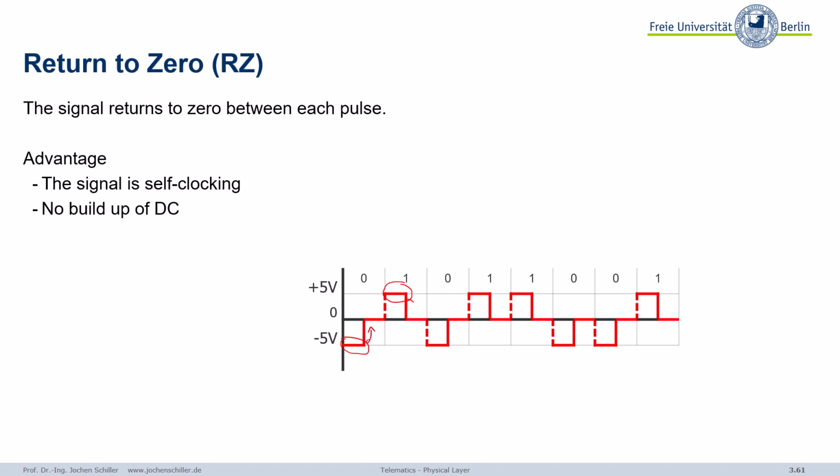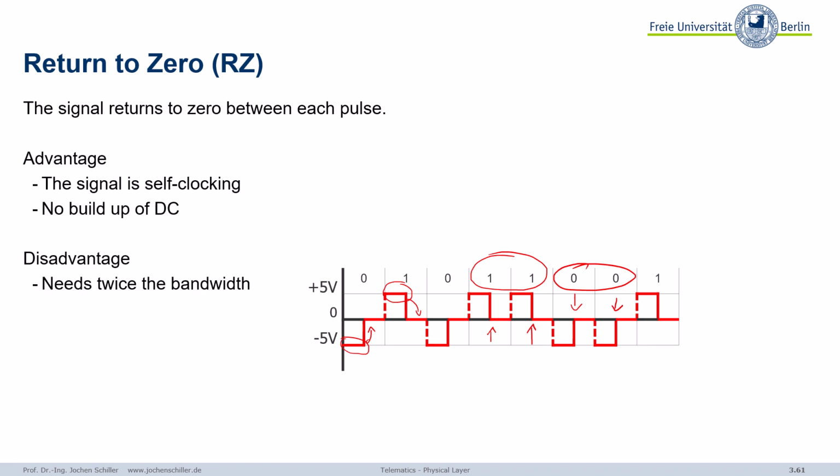Plus 1 volt, and we return to 0. And if we now have longer sequences of ones or zeros, we still have the edges here to synchronize. We always have an edge. That's nice. We don't have direct current, and it's a self-clocking code, return to 0.